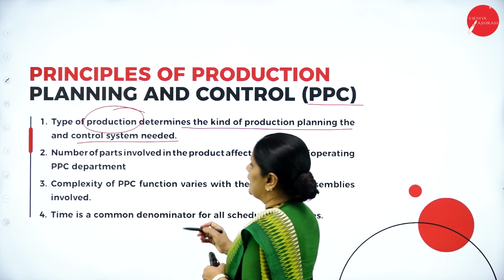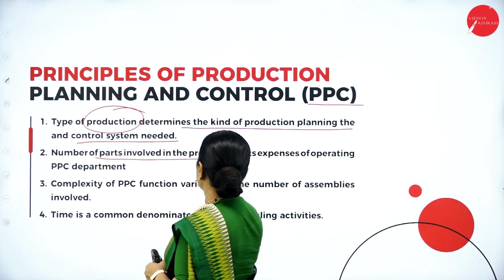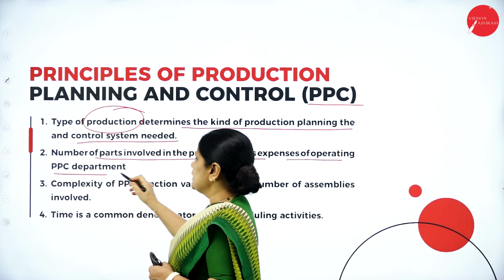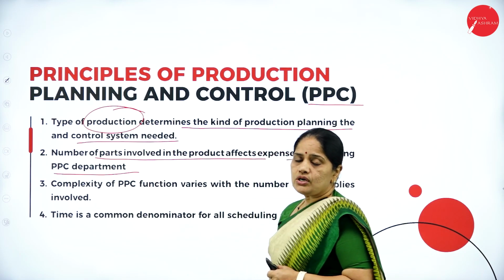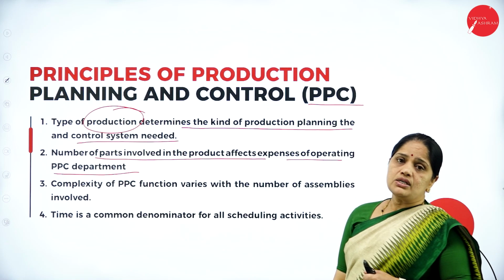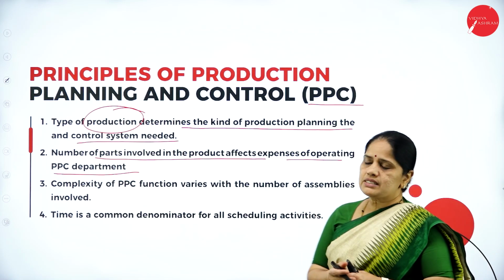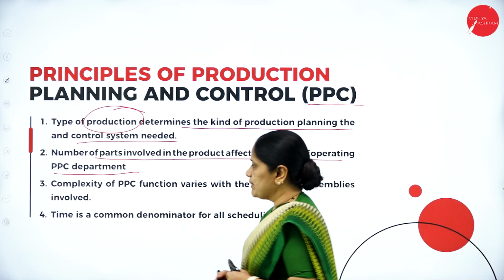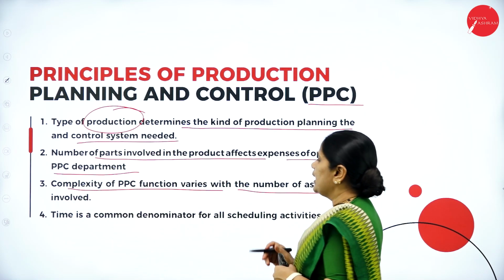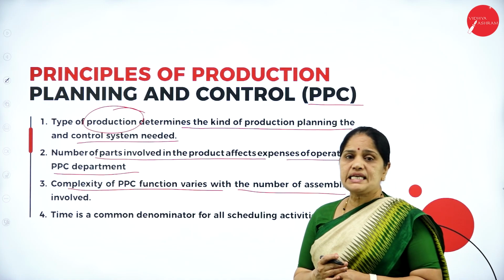Then the second one is the number of parts involved in the production affects the expenses of operating the PPC department. So, what is the number of parts involved in the product? It will affect the expenses of the operating department. Then the complexity of the PPC function varies with the number of assemblies involved.